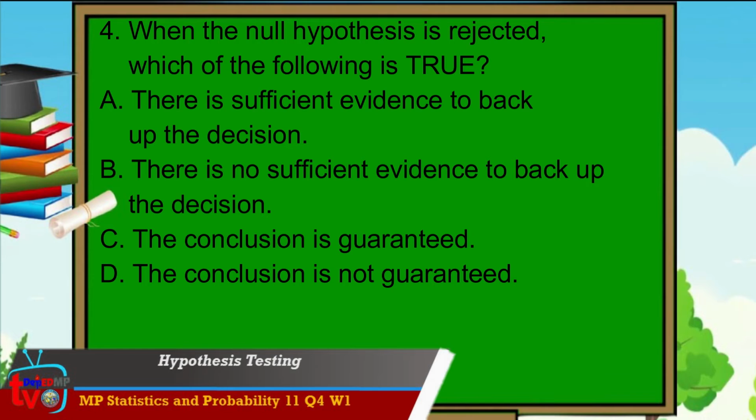When the null hypothesis is rejected, which of the following is true? Letter A. There is sufficient evidence to back up the decision. Letter B. There is no sufficient evidence to back up the decision. Letter C. The conclusion is guaranteed. Letter D. The conclusion is not guaranteed.